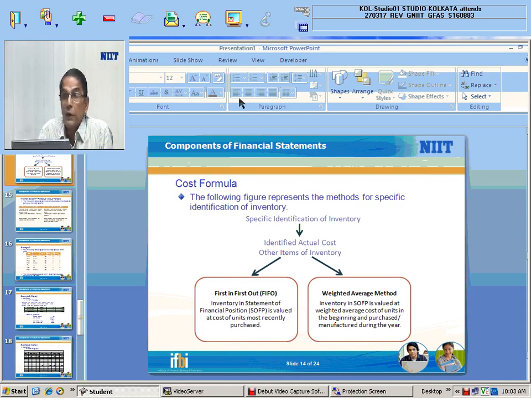Under the first in, first out method, the cost of the units most recently purchased is considered. Whereas in the weighted average method, the weighted average cost of the units in the beginning inventory and those purchased or manufactured during the year is taken into account.